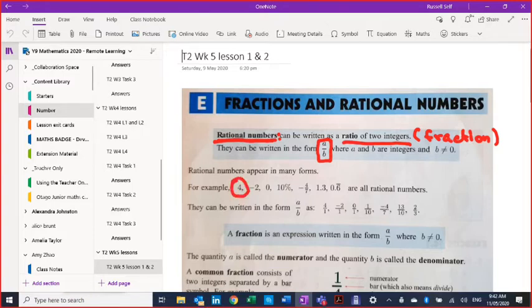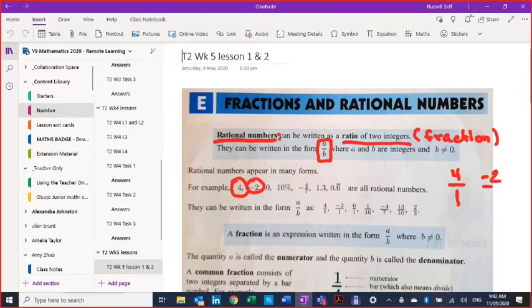If you have just plain 4, for example, any whole number can be written as a fraction by simply putting it over a what, guys? 10 or 100? Yeah, 1. There you go. Be careful, because we're talking about just a whole number. So any number divided by 1. Doesn't matter if it's negative.